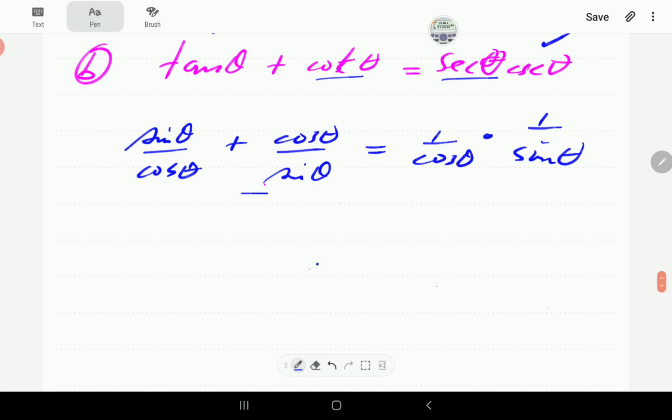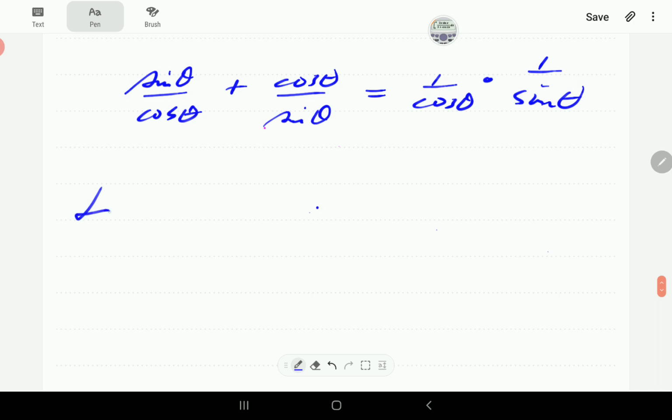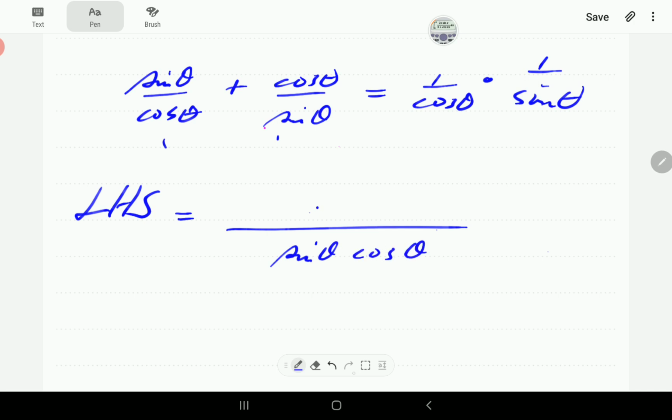This time this looks complicated, so I'm going to work from this side. So left hand side, the LCM: we've got two fractions, so we're going to write them as one fraction. LCM is sine theta cosine theta.